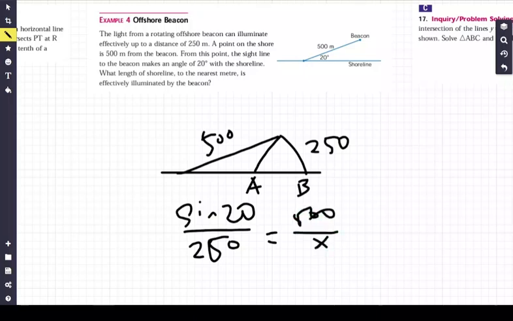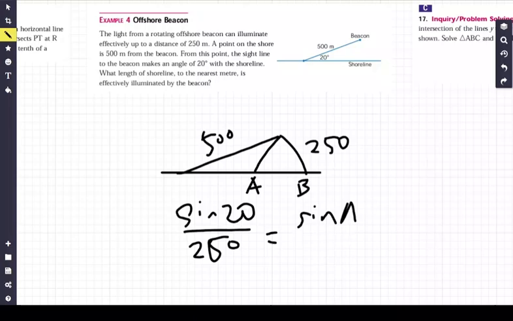Let's find x. Well, sine of A. So 500 times sine of 20 degrees divided by 250. Inverse sine of that gives you an acute angle.